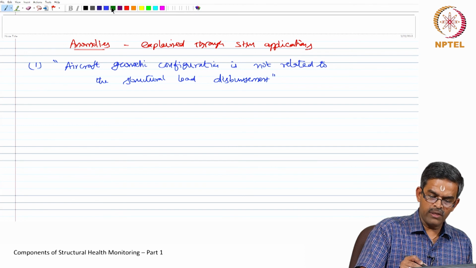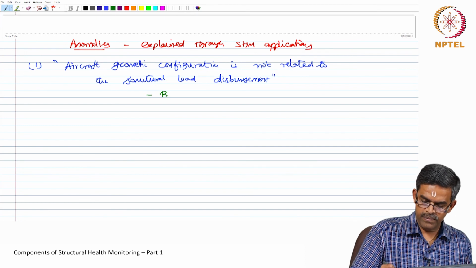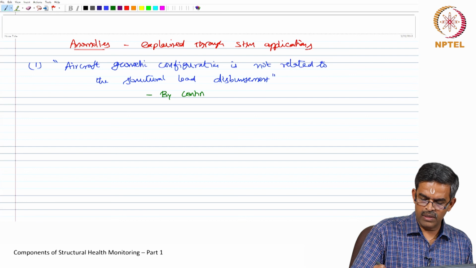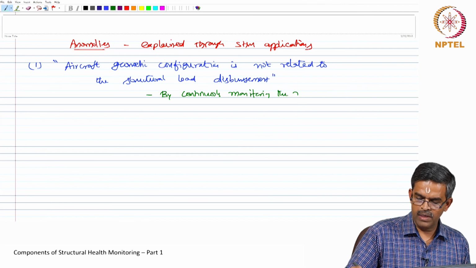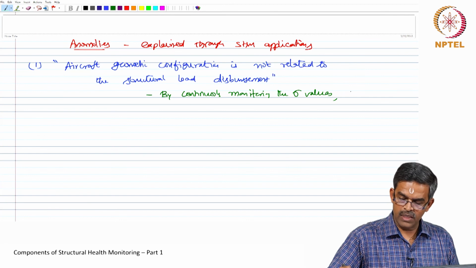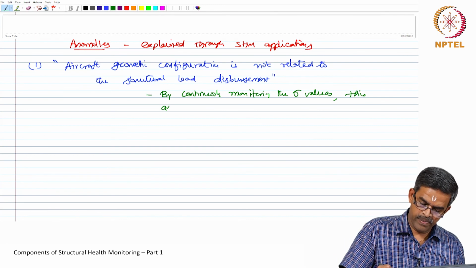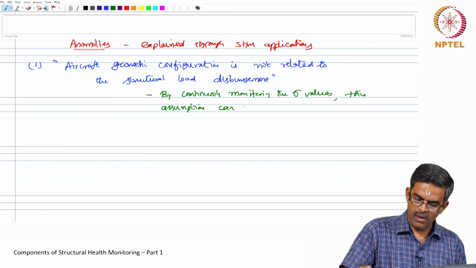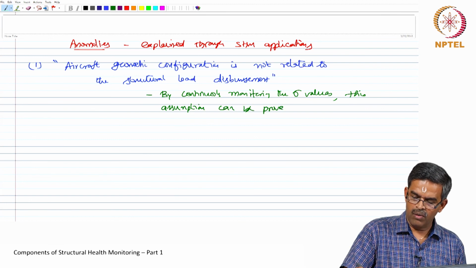By continuously monitoring the stress values, this assumption can be proved wrong.